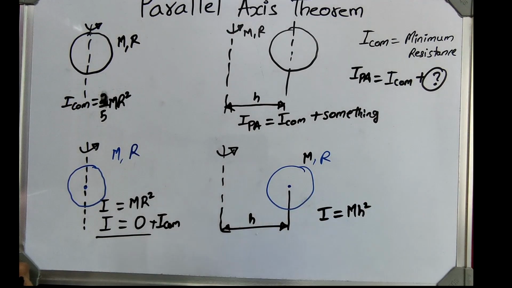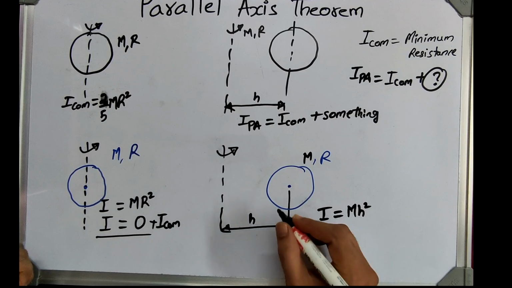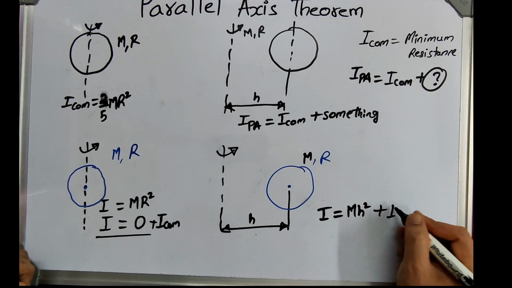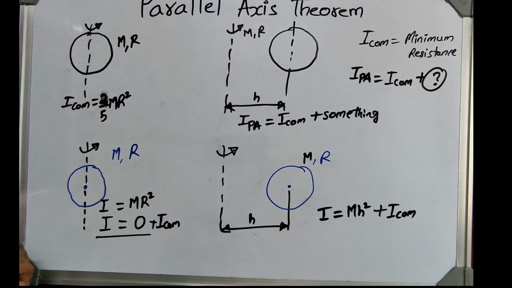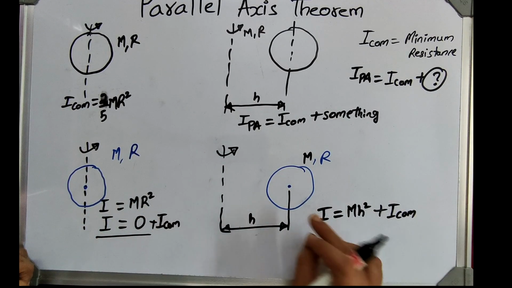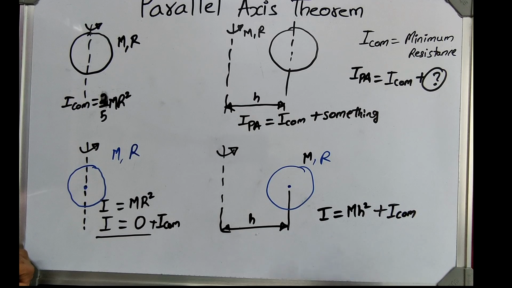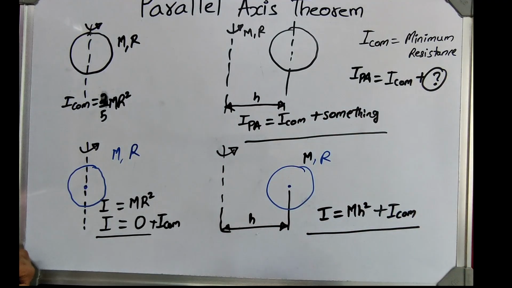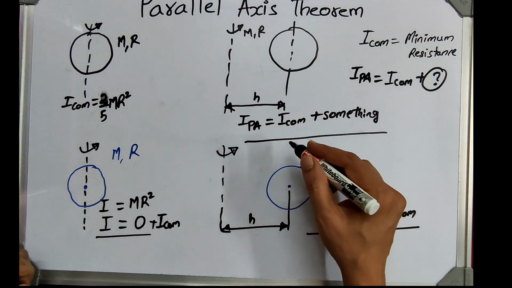Because this point exploded into a sphere, we had to include the I COM as well, the additional inertia which the particle mass did not have. So here in this case also we will have to include the I COM. If it is present here, then it cannot be that it is not present here. So now what we have is two identical situations, two formulas, both can be equated.